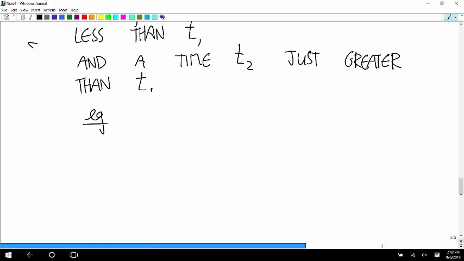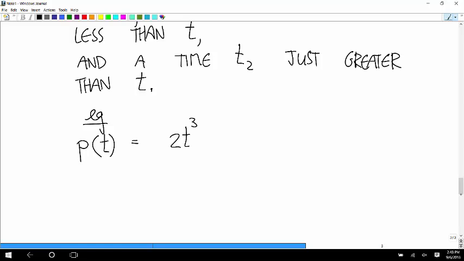So for example, let's say that we know that the position given as a function of time is equal to 2t cubed. So for whatever time you want, if you want to know what the position is when time is equal to 4 seconds, you plug 4 in for t, you cube it, so 64 times 2 is 128, so the position is 128 meters.